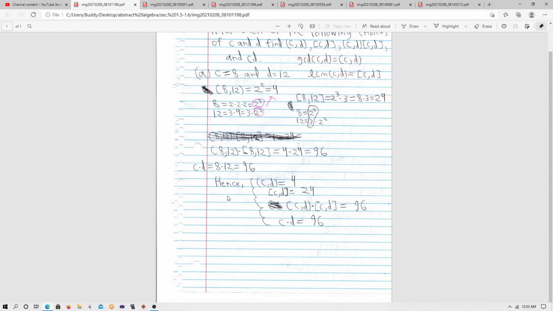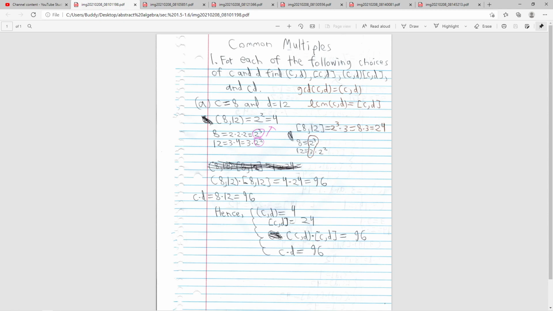So this shows off that property. In simple terms, (C, D) equals 4 and [C, D] equals 24. I don't think it's that complicated.